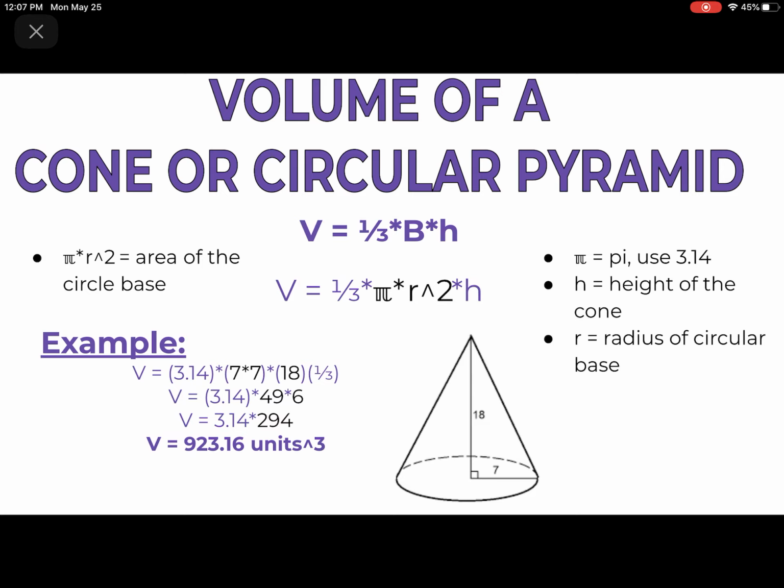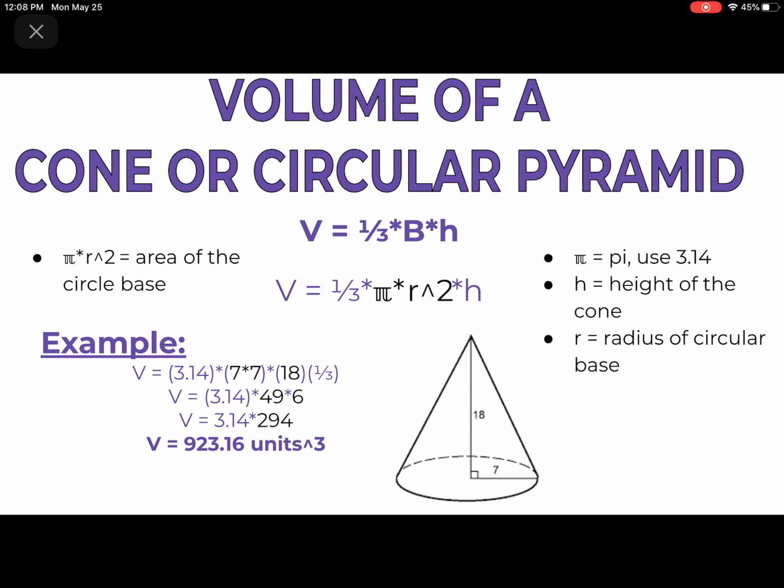So our first example, we have this picture here, and we'll start by plugging things in. Volume equals 3.14 times our radius is 7 times 7, times our height is 18, and all of that times 1/3. Since multiplication is commutative, we can multiply things in any order. So volume equals 3.14 times 49, times 18 times 1/3 is 6.